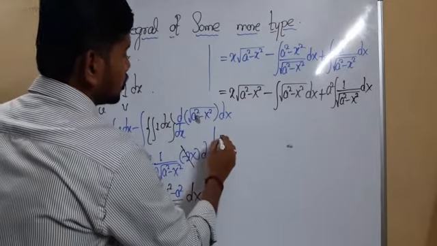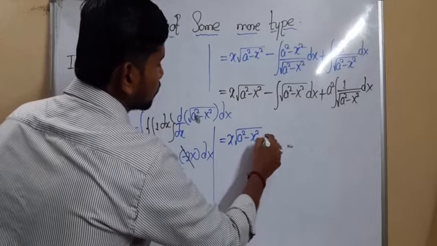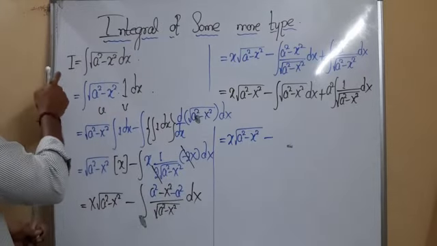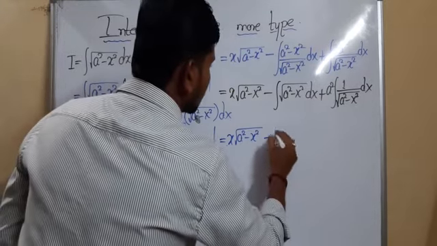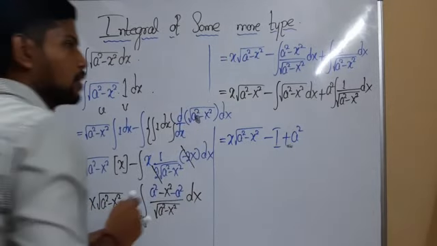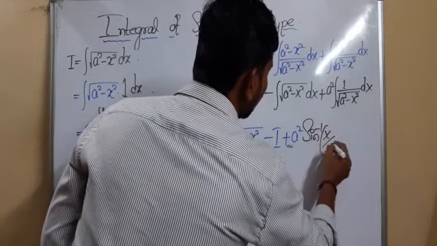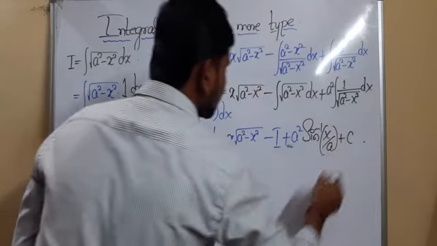Now the next step will be x square root of a square minus x square minus, this is given integral I, minus I plus a square. What is the integral of 1 divided by square root of a square minus x square? It will be sine inverse of x by a plus c.